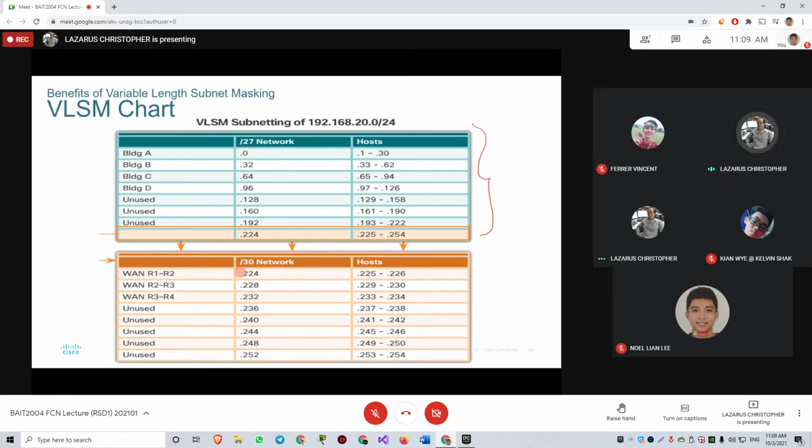Then the first subnet range I give to the R1, R2 subnet, and the second subnet I give to R2, R3. So when we look at the R1, R2 subnet, it's a /30 network. But when we look at building A, because it's not subnetted, it's still a /27 network.